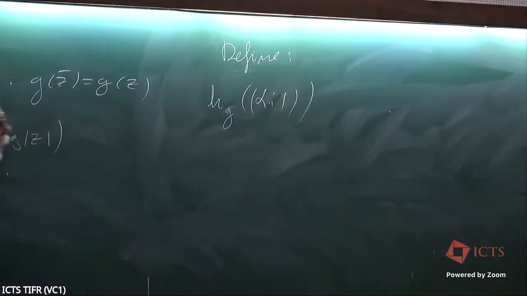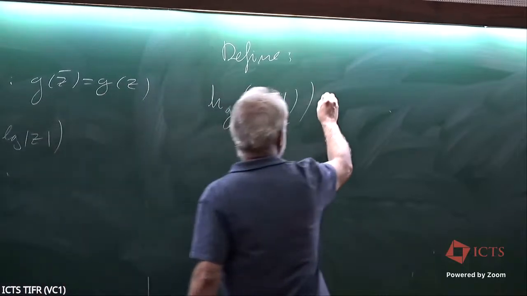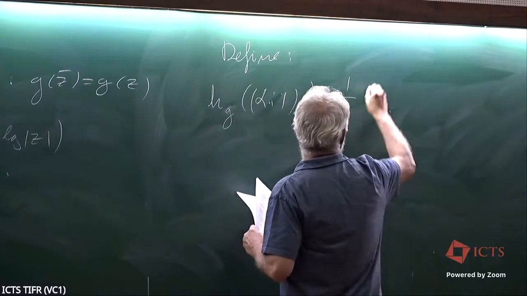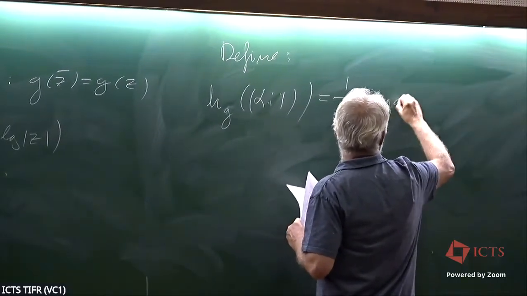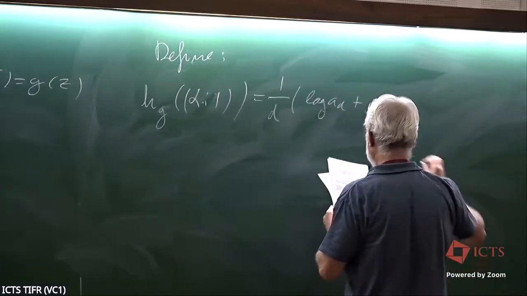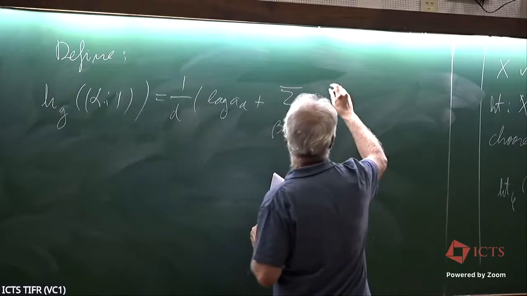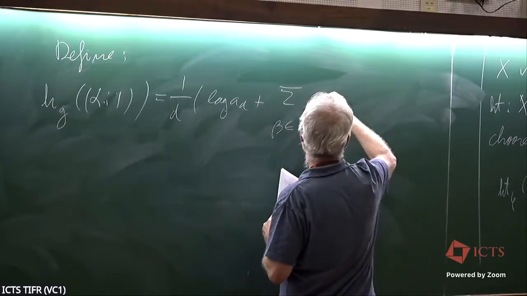So the height of an algebraic point in P1 will be just equal to 1 over d log of a_d, and then the sum for all beta inside the orbit of alpha of g of beta.